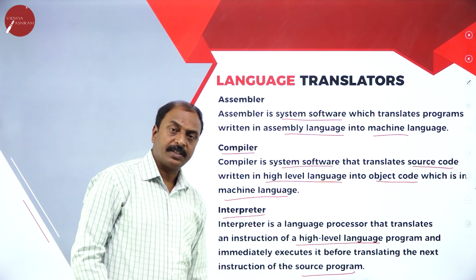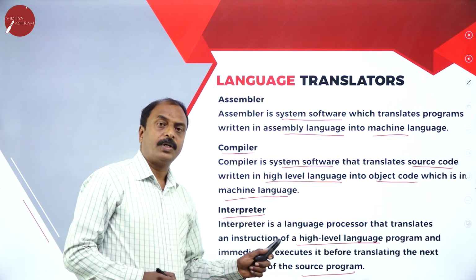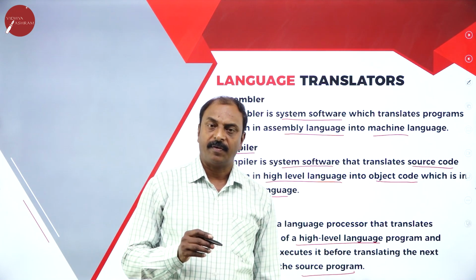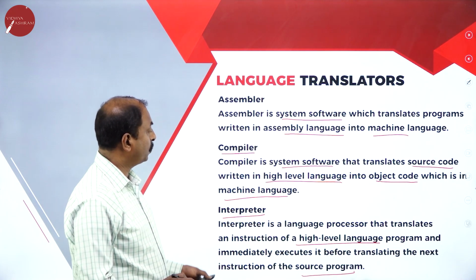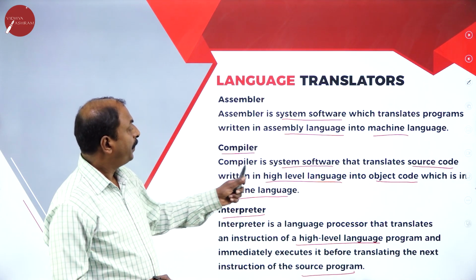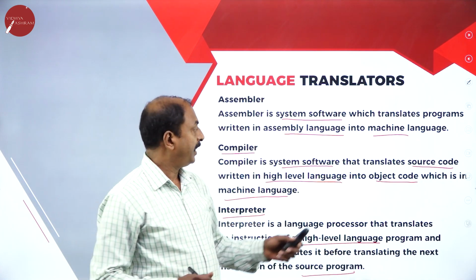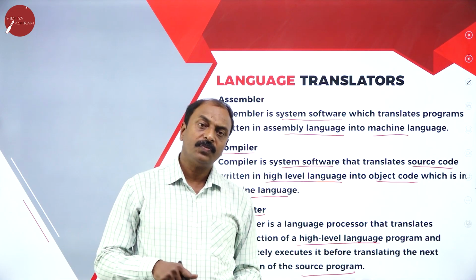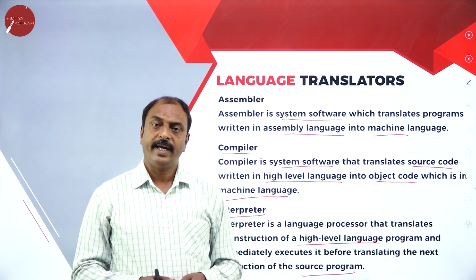And please understand here, students, compiler and interpreter are both used to translate programs from high level language into machine level language. But what is the difference between these two? In a compiler, whatever program is written in high level language as source code, it converts all of the code into machine level language at once.